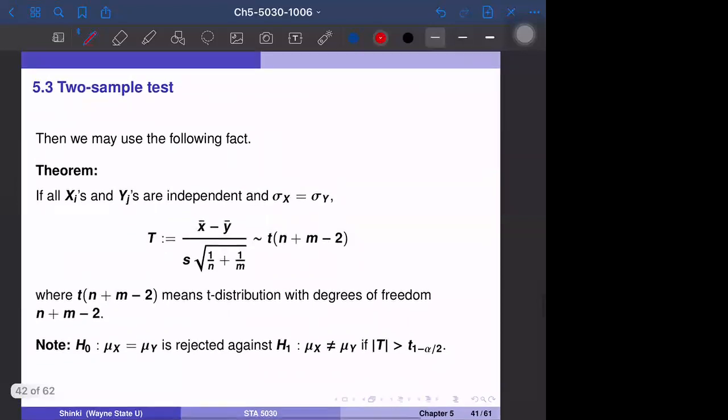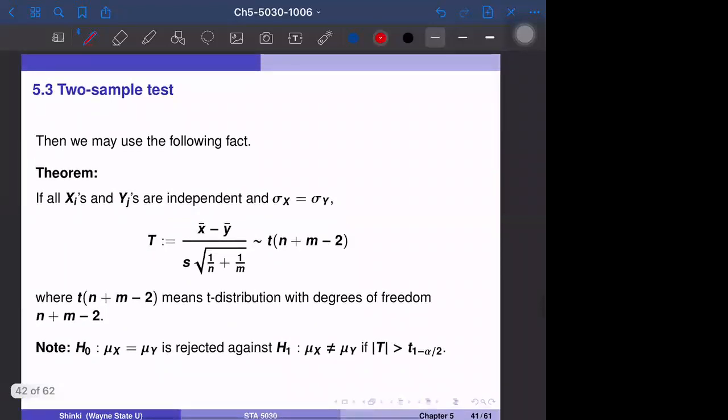Here is the test statistic. The most important quantity is the difference between x bar and y bar, because we want to know the difference between mu x and mu y. The second important quantity is the variability of x bar and y bar.